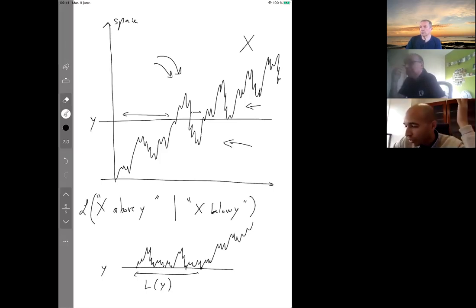This Markov property holds, in the case of the real line, for any intensity. If you take a Brownian loop soup with intensity c, for any c, and you cut your process at some level y, then conditionally on the local time at this level y, what happens above and below are independent.